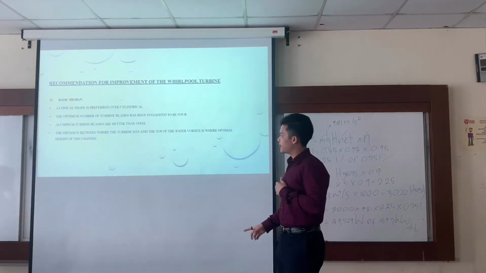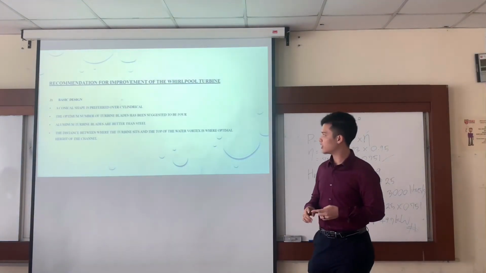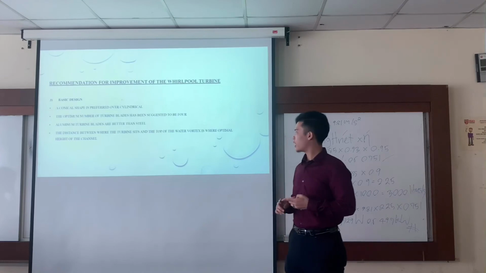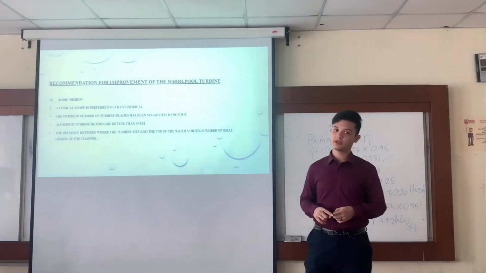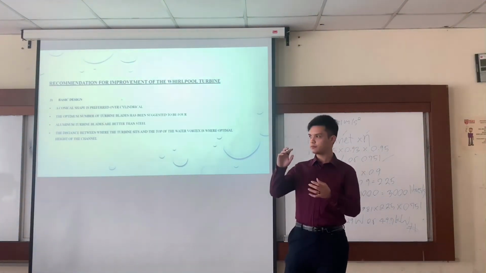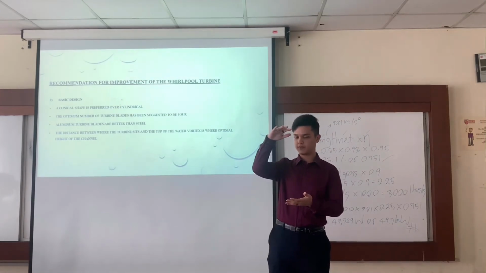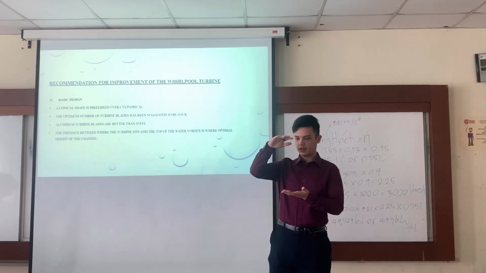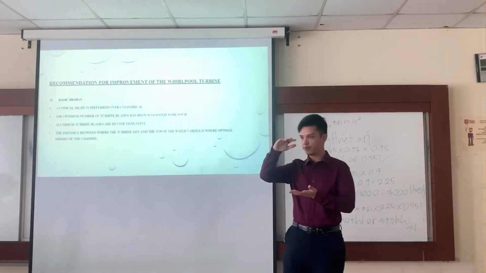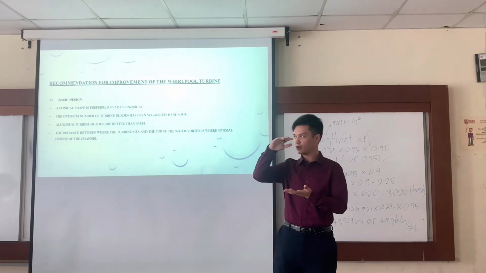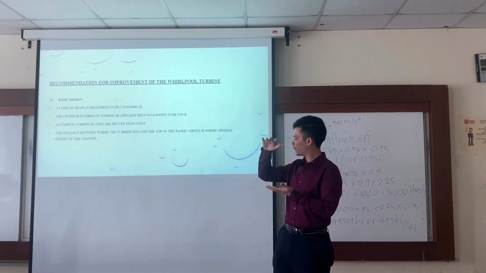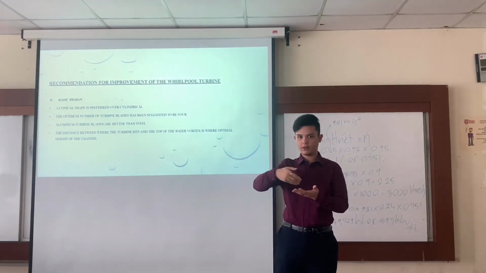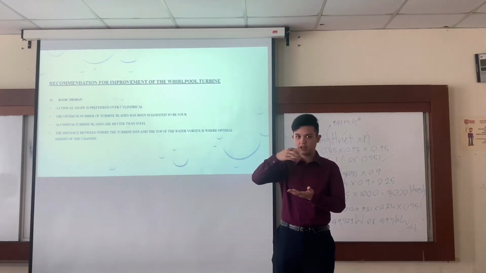And the last one for the basic design is the distance between the turbine seat and the top of the water vortex, which gives the optimal height of the channel. If this is the turbine on top and this is the water, we have to calculate the distance between them to find the perfect height for the channel, so that water can flow in and make the energy, then flow out.